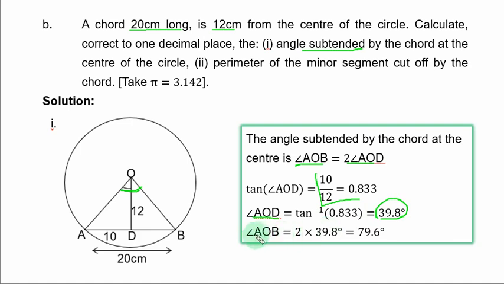So the whole angle AOB is equal to 2 times 39.8 degrees, and that is 79.6 degrees as the angle subtended by the chord.